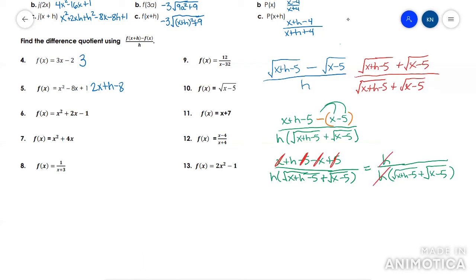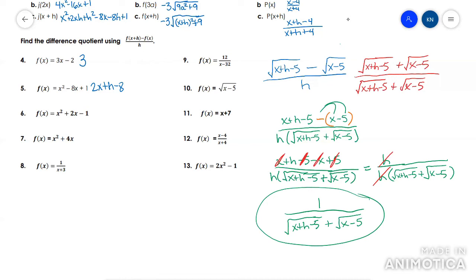So my answer here is 1 over that root plus root. I know, those are tricky. So go ahead and try the rest of the problems on this page, and I'll write the answers down.